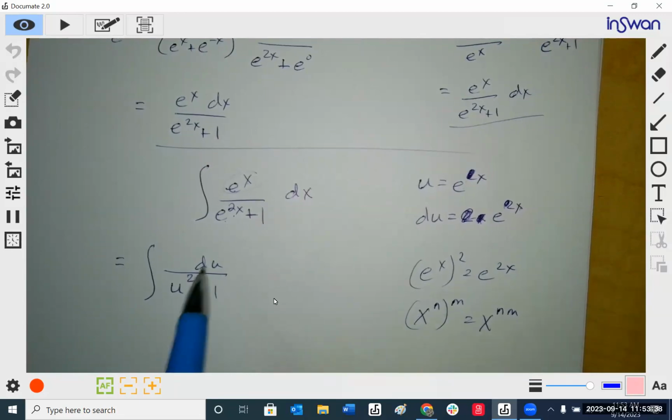So do we have any more charts that anything looks like this? Du over u squared plus 1. I don't have my chart here.